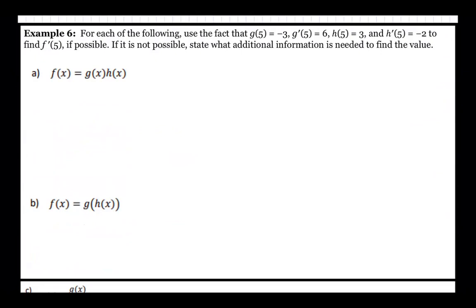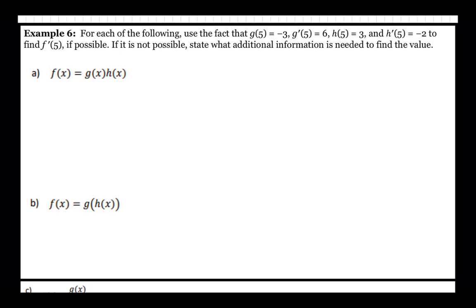Okay, so for each of the following, use the fact that g of 5 equals -3, g prime of 5 equals positive 6, h of 5 equals 3, h prime of 5 equals -2, to find f prime of 5, if possible. If it is not possible, state what additional information you would need to find the answer.